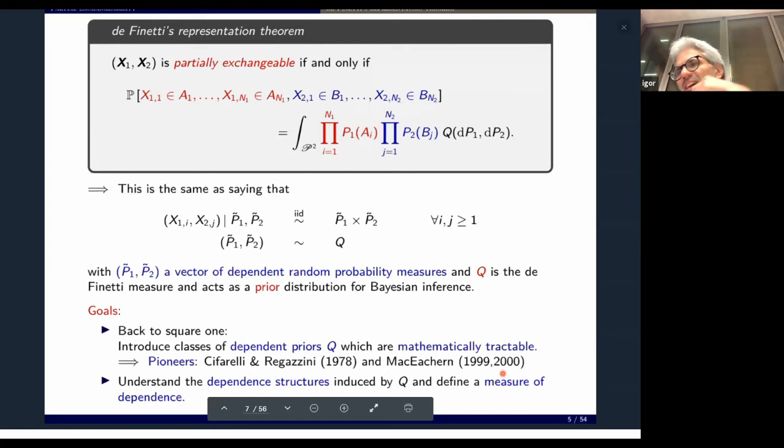And just as a side comment, it's not a coincidence to me that if you look, this one is a technical report. And the papers of Steve MacEachern, one is a technical report and the other one is just published in the proceedings of the JSM, okay? It happens actually quite often.